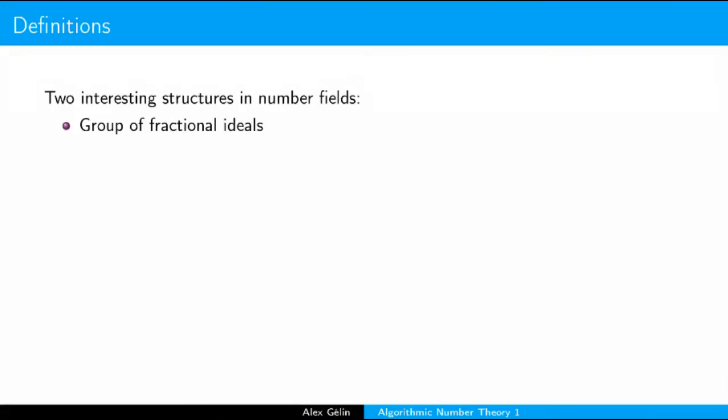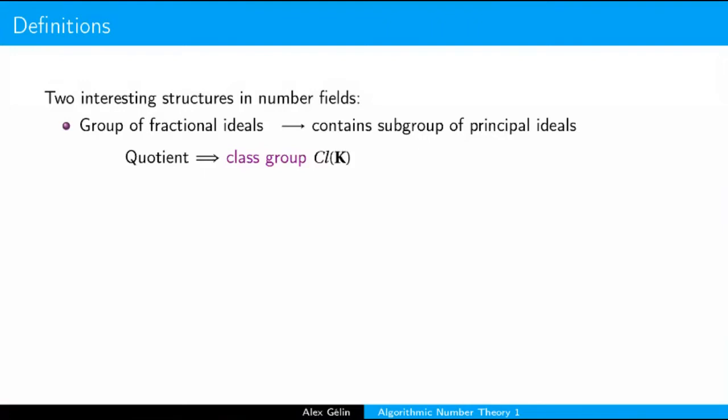In this group, we have the subgroup of all the principal ideals, which are ideals generated by only one element. This subgroup is normal in the group of ideals, so you can take the quotient, and the quotient is finite, and it's the class group. So this is the object we are going to deal with during one hour.